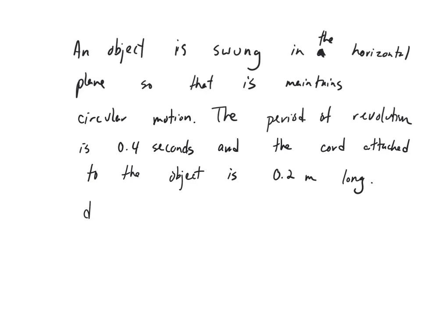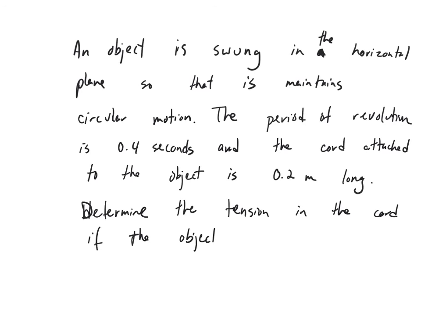Determine the tension in the cord if the object's mass is 0.8 kilograms. Okay, determine the tension in the cord if the object's mass is 0.8 kilograms.